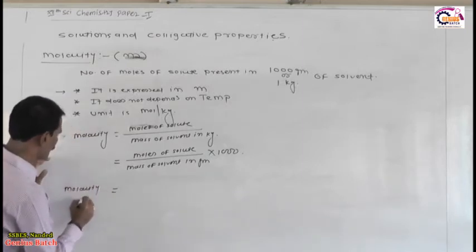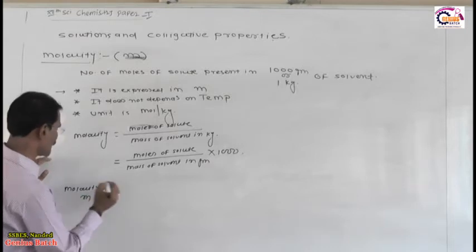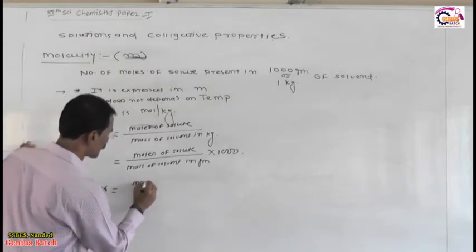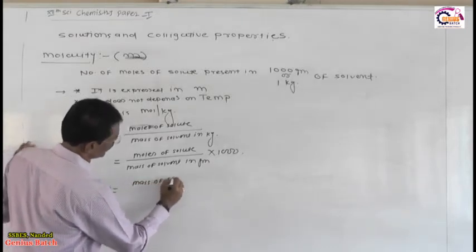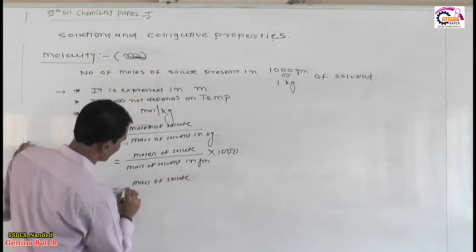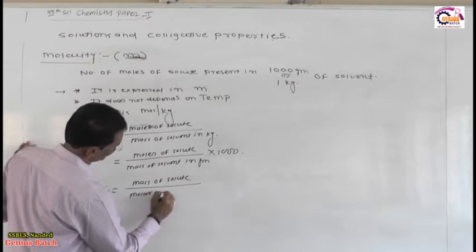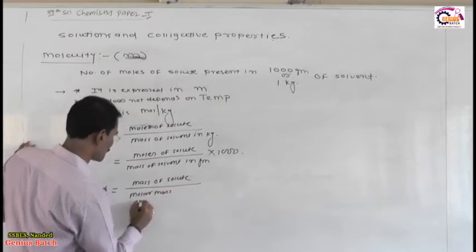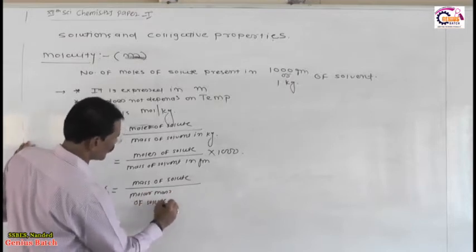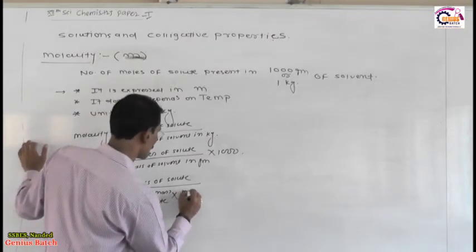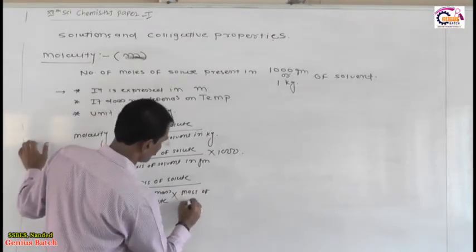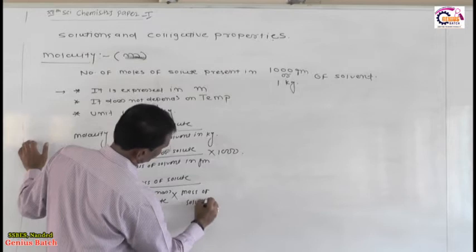So molality, or small m, is equal to the mass of solute, if it is in gram, divided by molar mass of solute into mass of solvent.